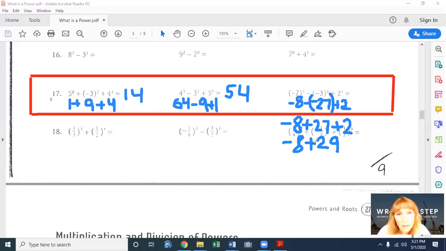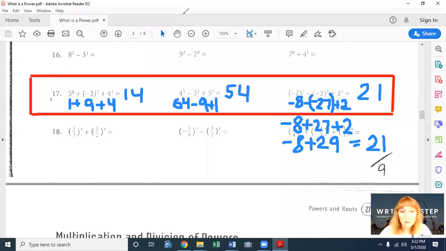So 29 minus 8 is 21. And is it going to be a positive 21 or a negative 21? You take the bigger absolute value number and take that sign. So this absolute value would be 8. This absolute value would be 29. So it's going to be a positive 21. So that answer is 21. Okay? They can get more complicated like that.